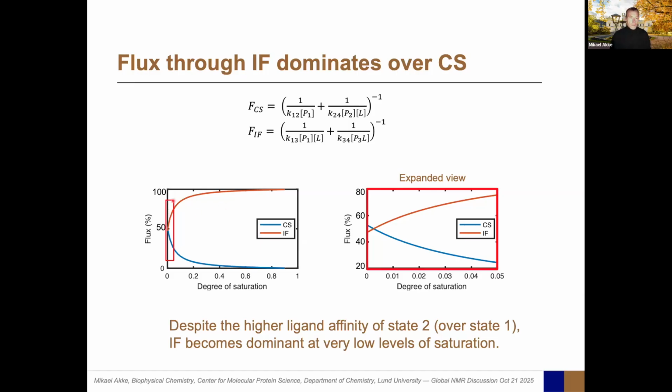And if we expand this region at very low ligand concentration, low degrees of saturation, shown here on the right-hand side, you see that there's a crossover point at a very, very low ligand concentration. At very, very low concentrations of ligand, the conformational selection pathway dominates, but as soon as you add just a little ligand, it switches over, and then they both have a significant contribution until you reach, where we stopped at 75, then it's just the induced fit pathway that dominates.